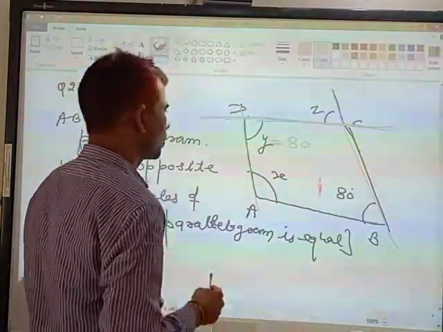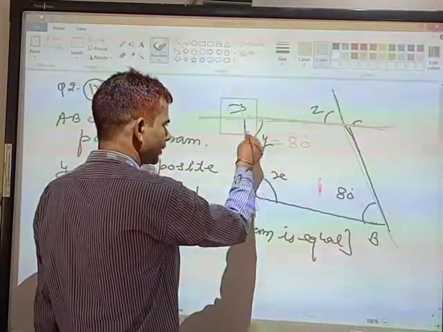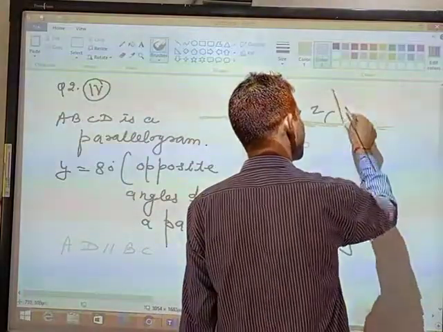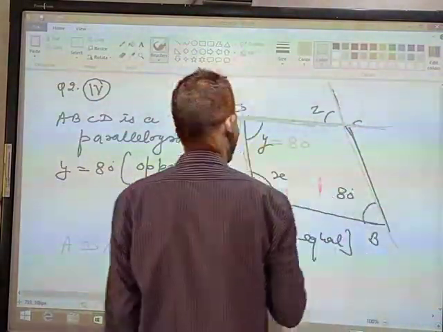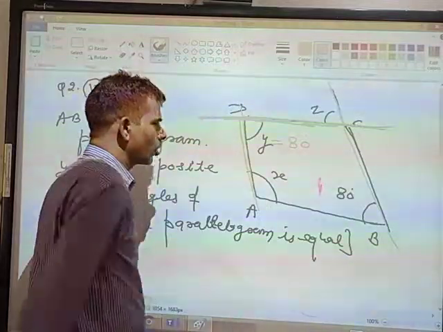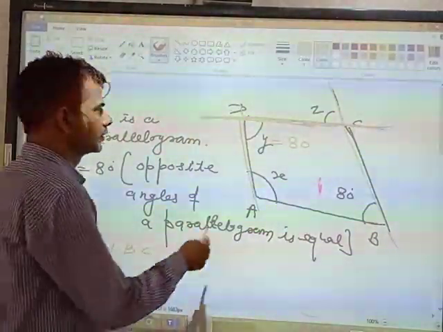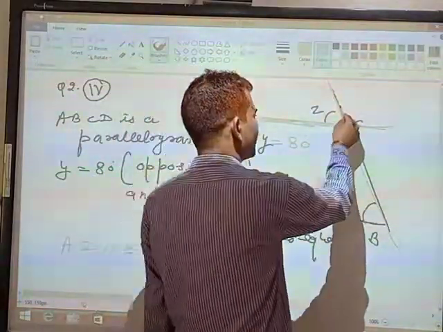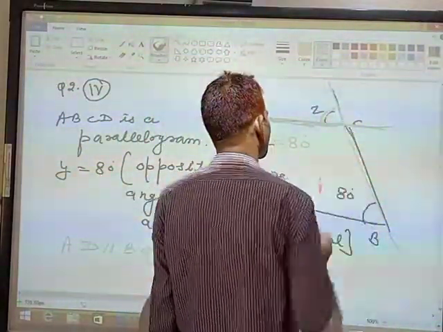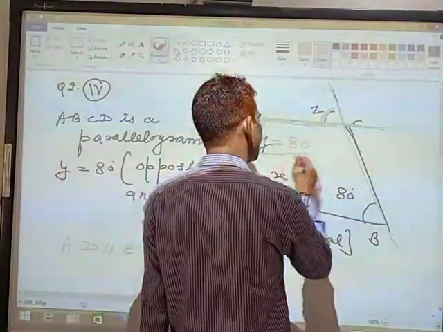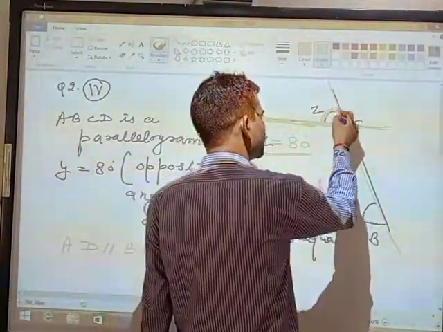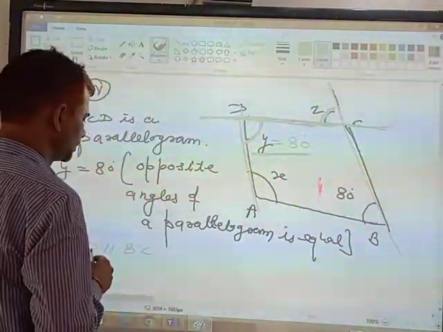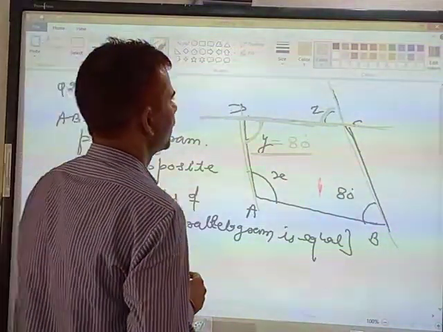Students, it is the formation of Z. Check it. If there is formation of Z, what type of angle is formed? Alternate interior angles. Y is equal to 80 degree. Then what will be the angle Z? Please tell me.